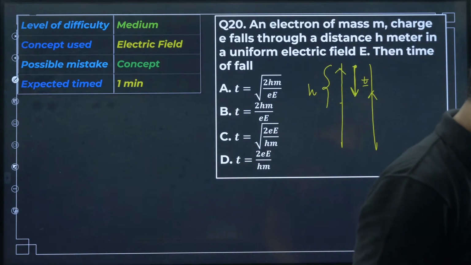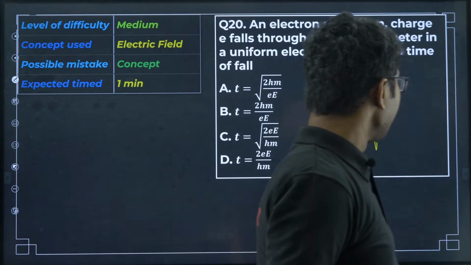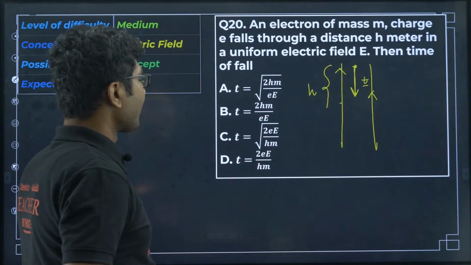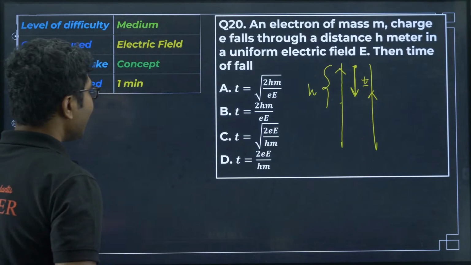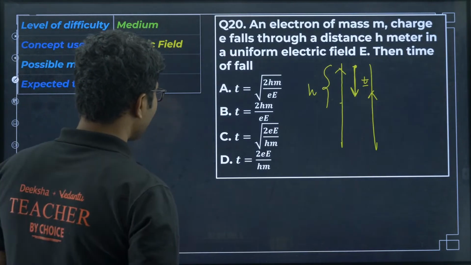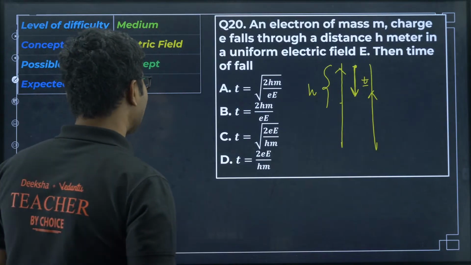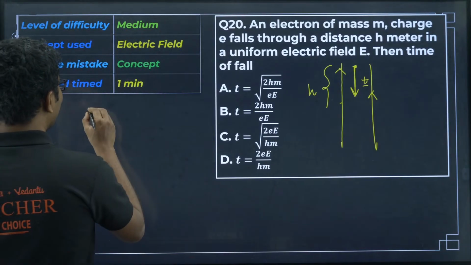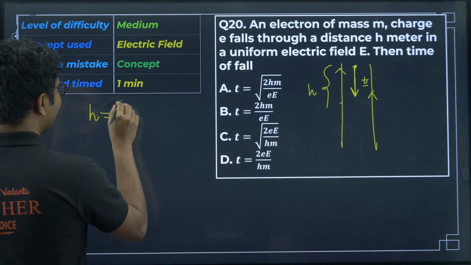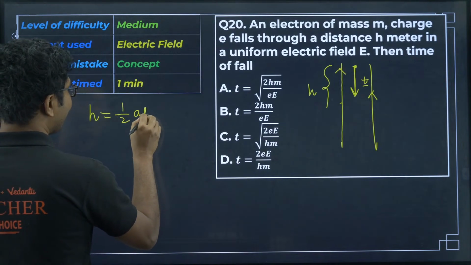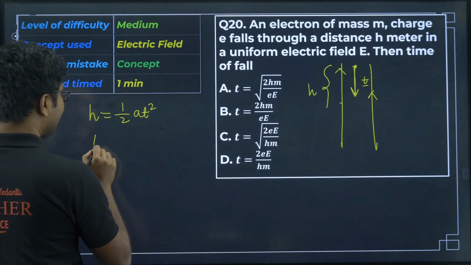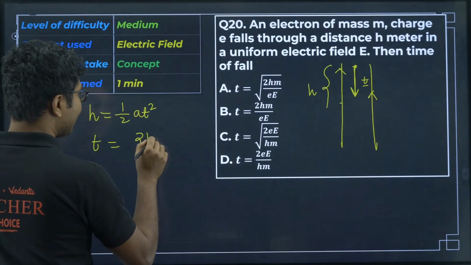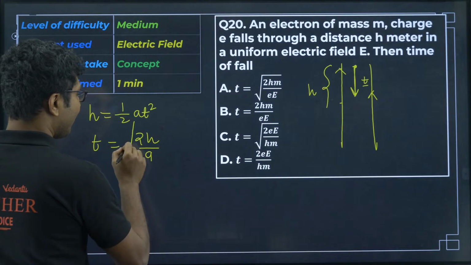20A, Shravya is saying 20A, Short is saying 20A. Let us see. So, first of all you have to remember that the only way to solve it is to calculate the acceleration. If you can calculate the acceleration, you know that the formula is h is equal to half at square. So, if you calculate the acceleration, t will be equal to square root of 2h by a.